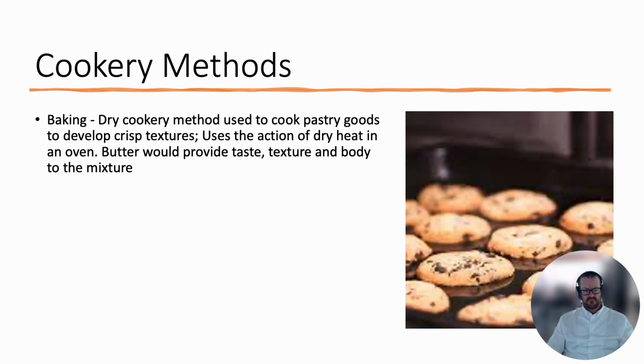Okay, so moving pretty close through these items, we talk about the key principles and practices of these different cookery methods. And at the same time, we talk about identifying an item from the food group and explaining the cookery method or the desired outcome. Okay, so when we're baking, this is a dry cookery method used to cook pastry goods to develop crisp textures.